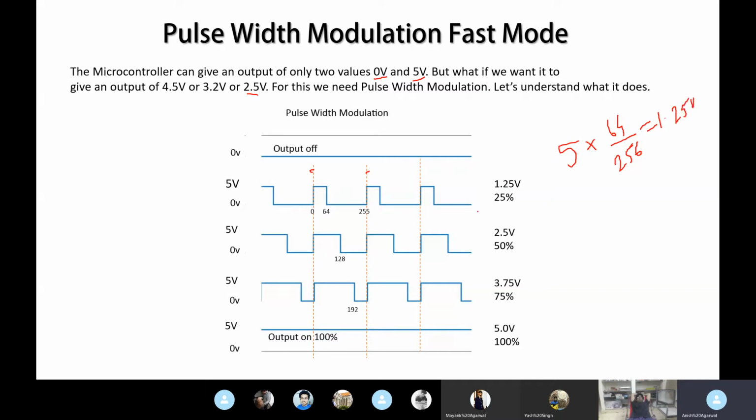Okay, so this is PWM, pulse width modulation. And this is a 25% duty cycle. So I've written this. Suppose the duty cycle is 50%, like for half of the time period it's on and the rest of the half it's off, then it is going to be 5 by 2, which is 2.5 volt. Okay.